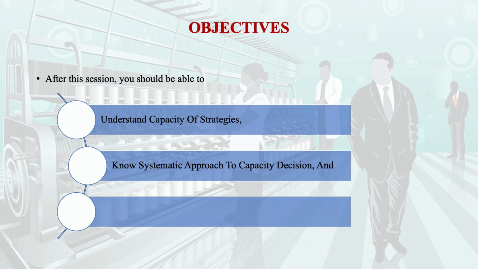That means you are going to learn what the systematic approach is, or what the various steps in capacity planning are. We are also going to learn various tools for capacity planning, such as simulation tools, waiting line models, and decision trees. All these we are going to discuss in this session.